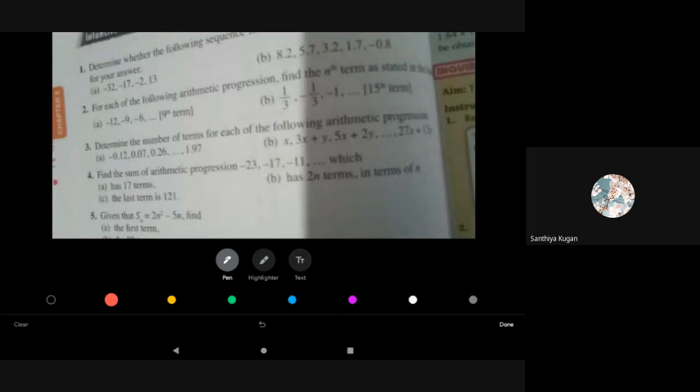Do you have a lot of homework this week? Teacher, repeat. Page 138, intensive practice 5.1. So question number 1 until number 5, all questions. Is it too much?